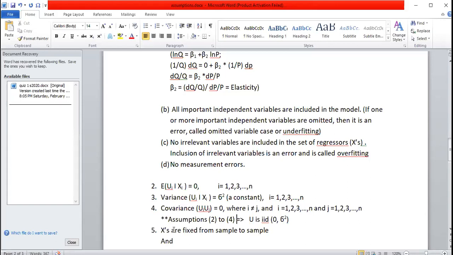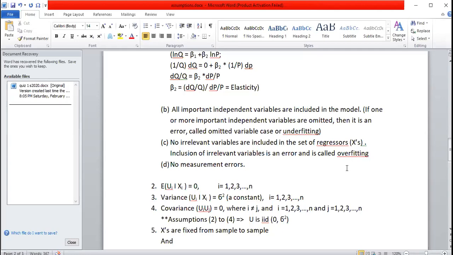I collect another sample. X values will be the same, 80, 100, 120, and so on. Y values will be different because for one X value, you will have a Y distribution, so you will get a value from that distribution. But X values will be the same from sample to sample.